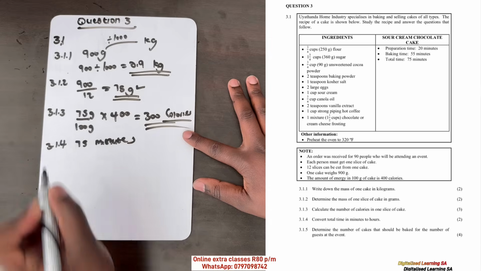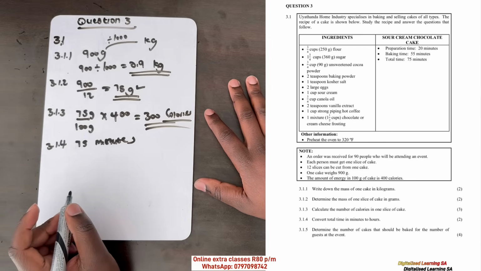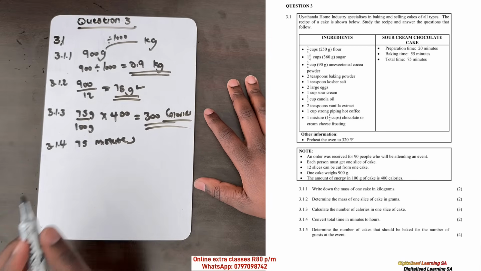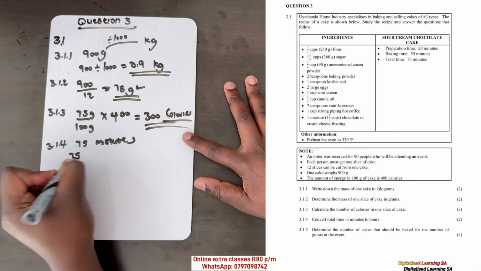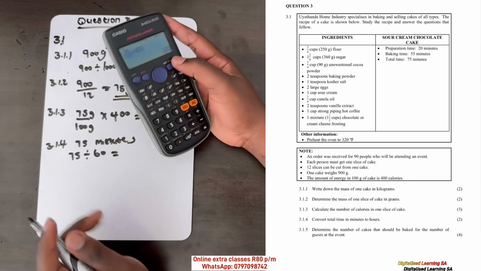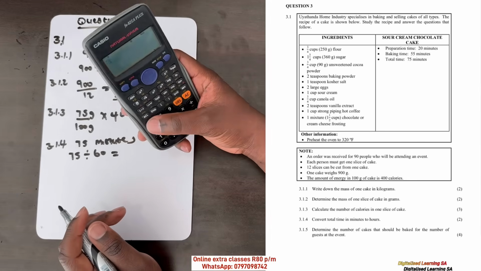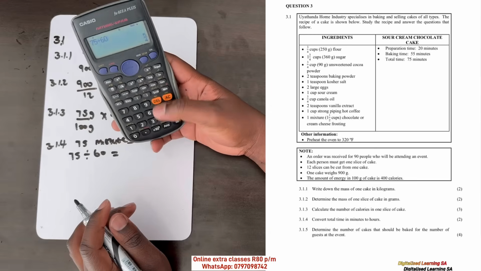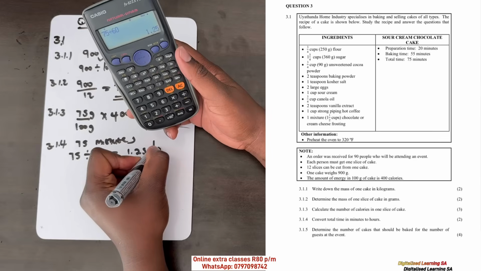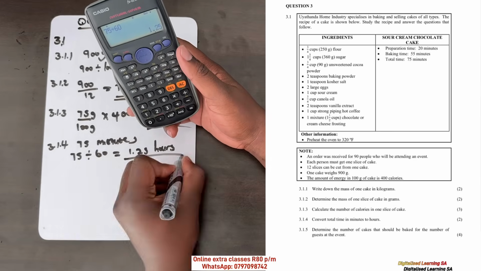Again, we know, guys, that in an hour we have 60 minutes. So if we want to convert minutes to hours, we divide by 60. So we'll say 75 divided by 60, and the answer that we will get will be in hours. So 75 divided by 60 is equal to 1.25 hours. And that will be our answer.